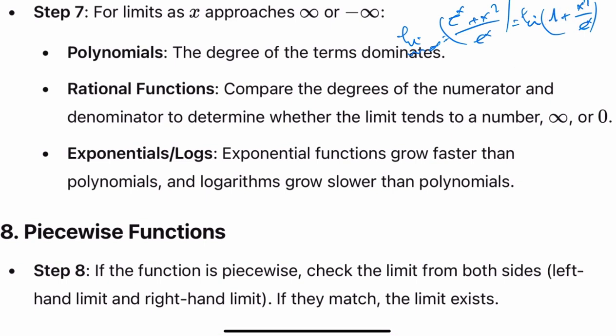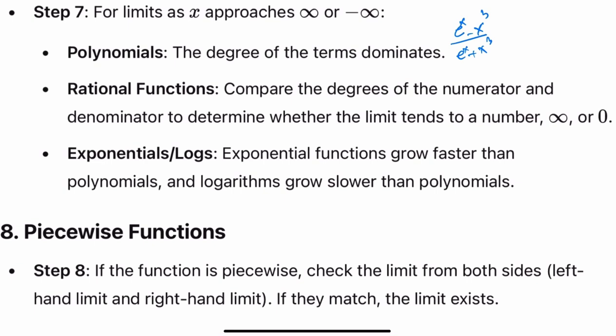Same thing if we take another, more challenging example. I like to have more examples in this case, because it actually shows you how things work. So for example, if we have this function, e to the power of x minus x to the power of 3 divided by e to the power of x plus x to the power of 3.